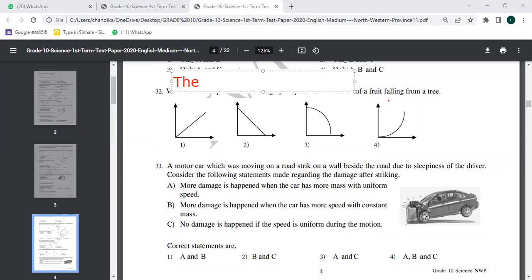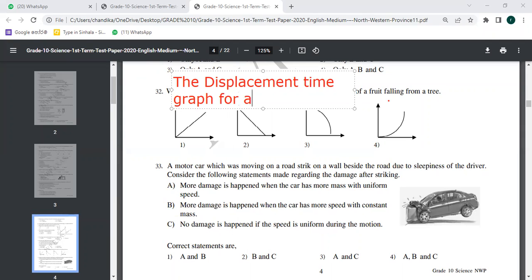The displacement time graph for accelerating objects.